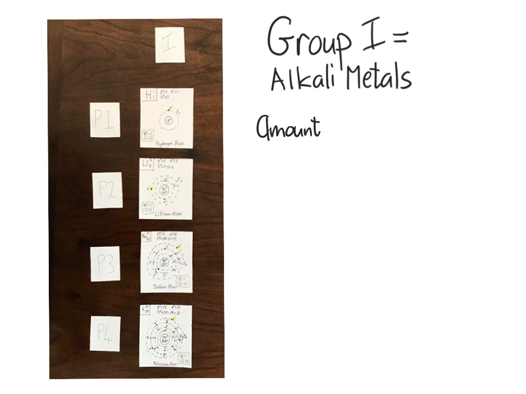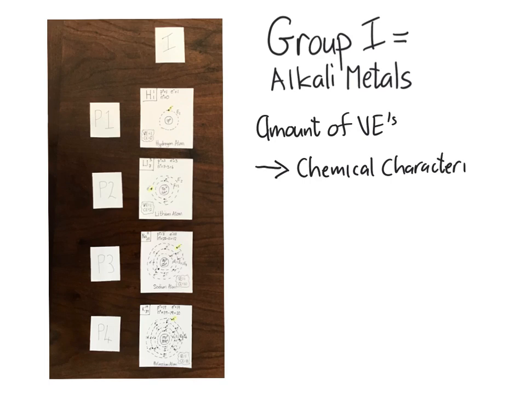And the amount of valence electrons, I'm going to use VE for valence electrons, basically determines certain chemical characteristics. And in the case of group 1, what we find is that all group 1 elements are actually very reactive, chemically speaking.